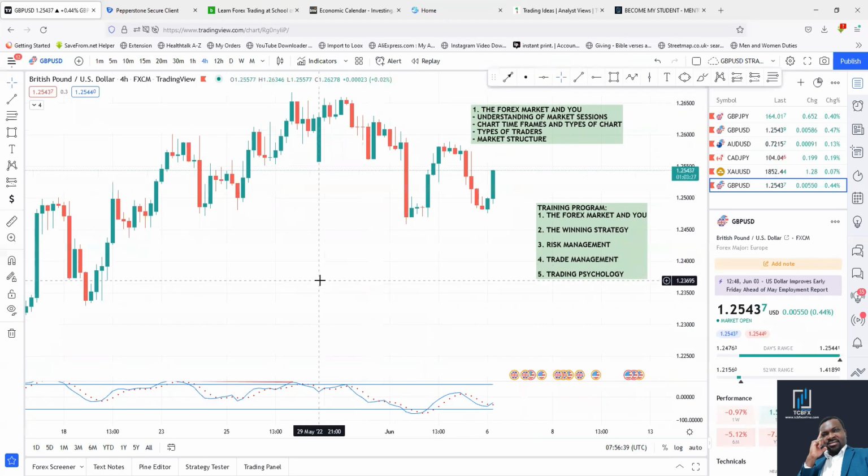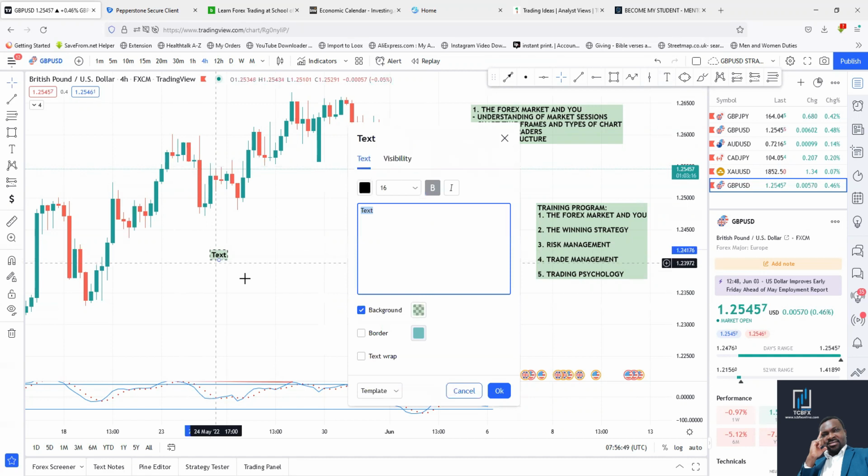Now, there are 3 sections in the market that are major. Every other one is just minor. These are the 3 major sections of the market, and we're looking at market sections now. All right. Number 1, we have the Asia section.